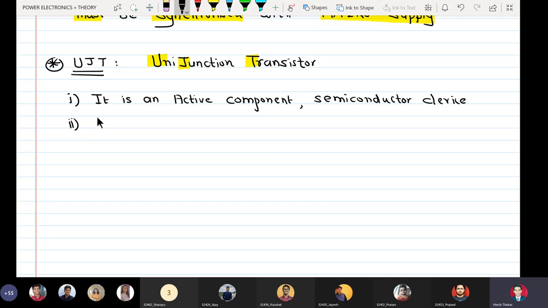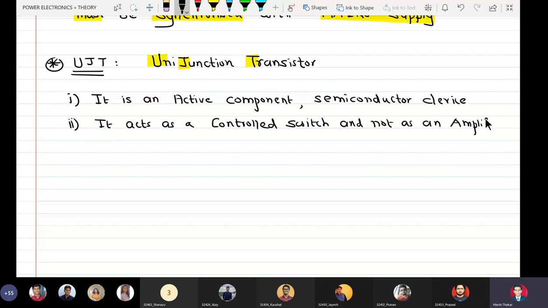Second, it acts as a controlled switch and not as an amplifier. It's an active component, it's a semiconductor device, it acts as a controlled switch and not as an amplifier. So UJT is never used as an amplifier.